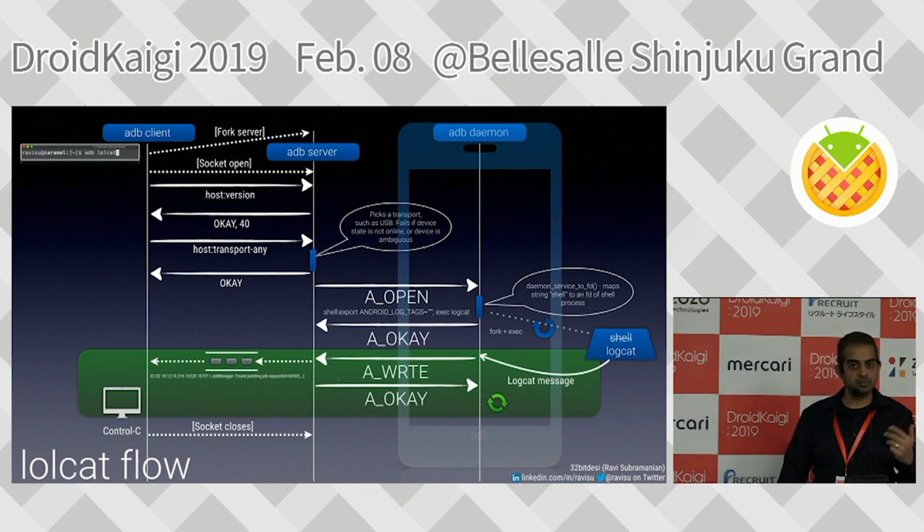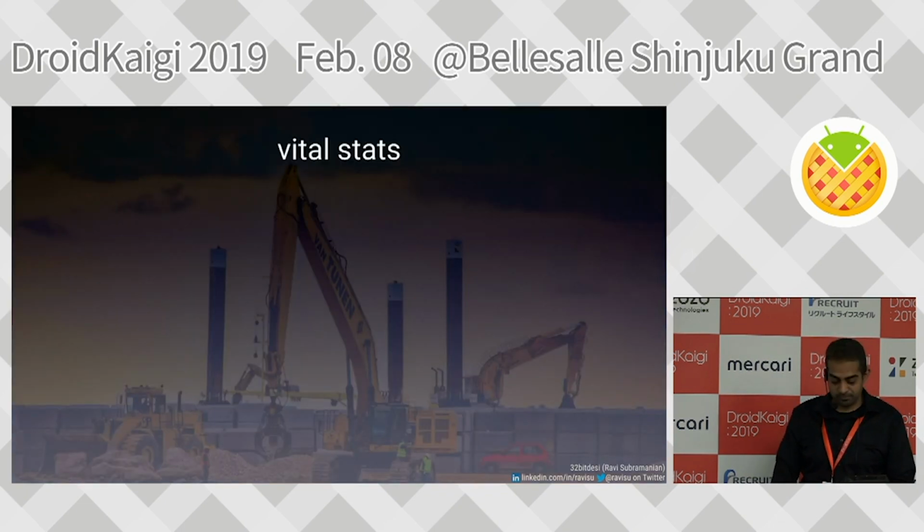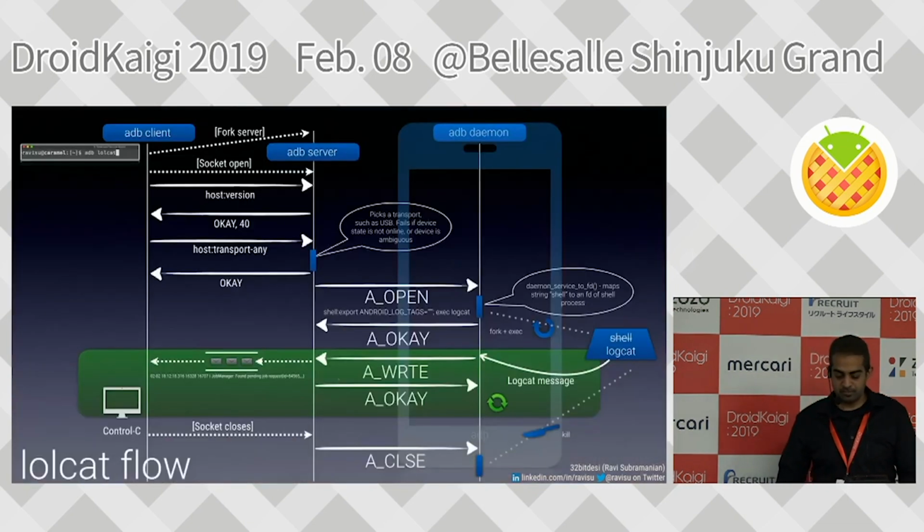That gets detected by the ADB server, and the ADB server sends a close to the daemon. That causes it to send a kill command to the logcat process. And so logcat dies, and you're done. I'm just going to leave it there for a second for you to digest that.